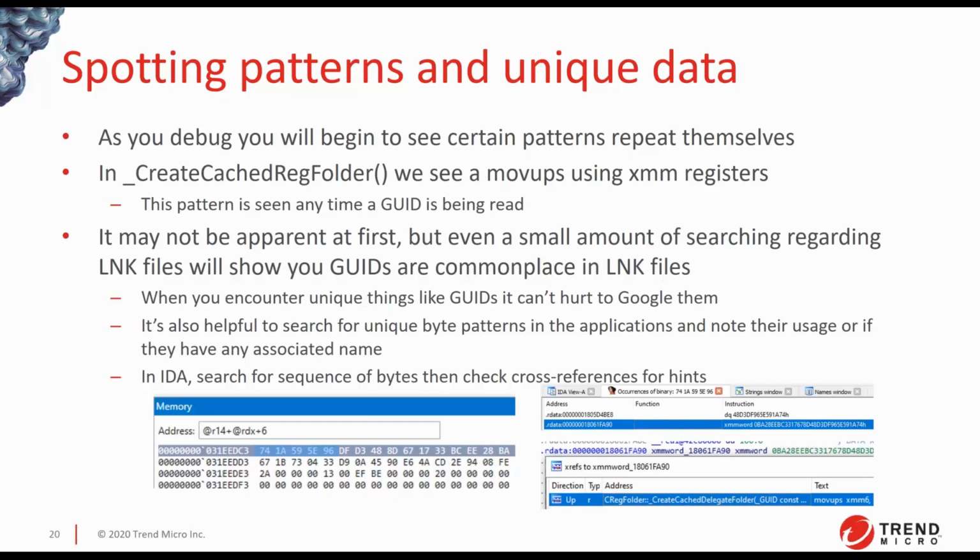We searched for that set of bytes in IDA, and we came up with 2 occurrences, and one of those occurrences only had 1 cross-reference, which is for this create cache delegate folder. And this was basically enough information to get me looking for more info on what delegate folders were. This led me to some prior information from earlier reverse engineering efforts that have been publicly published.